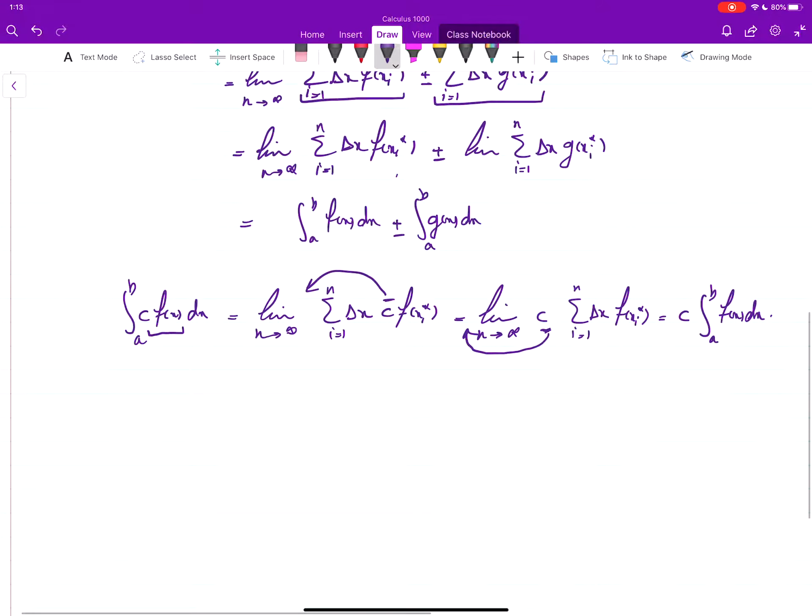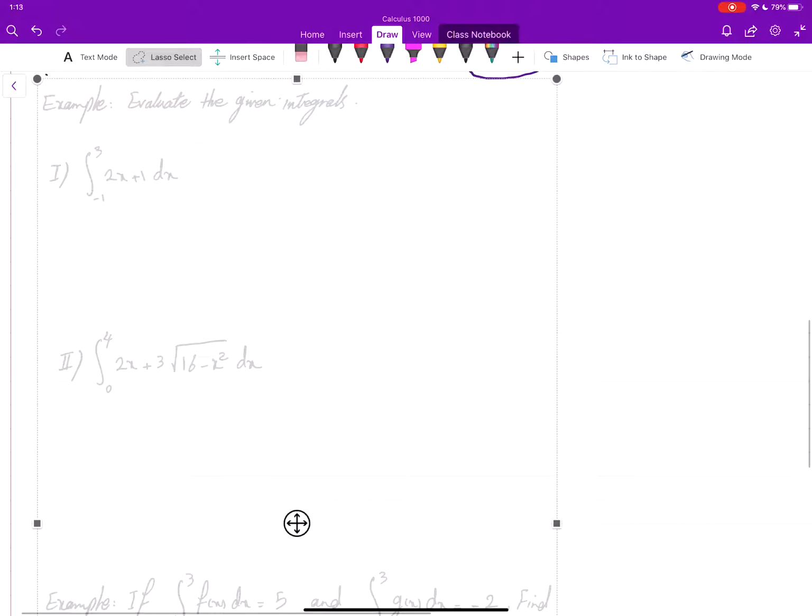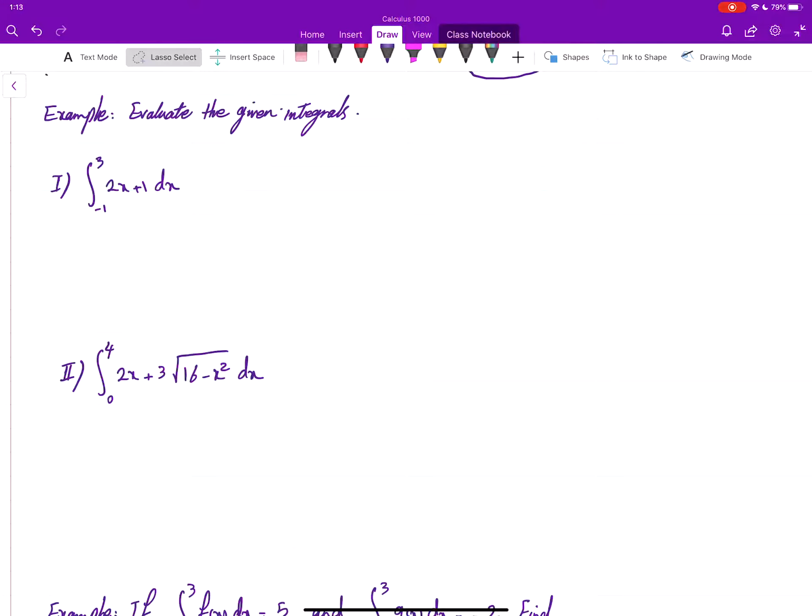Well, let's see some examples for these properties. Okay, here we have 2 times x plus 1.